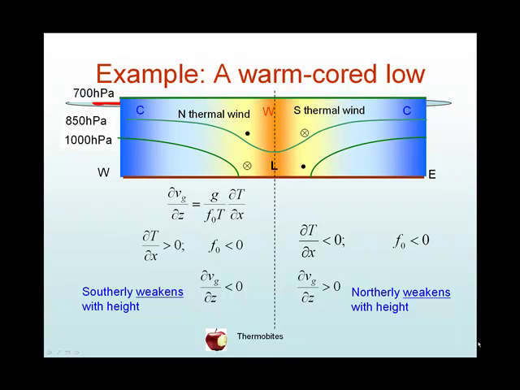For large values of temperature, we have large values of thickness, which means the distance between two pressure levels is larger over the warm air than it is over the cold air, which means that surfaces of constant pressure must bow up over the surface low. In other words, we move from a low in pressure near the surface to a high in geopotential aloft, which coincides with the anticyclonic winds.